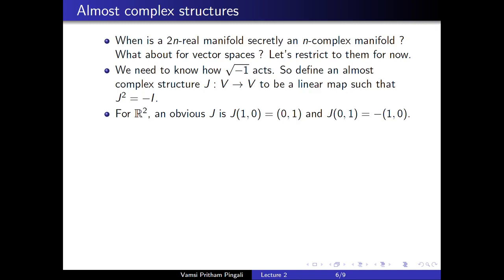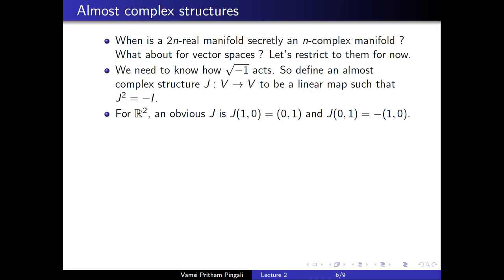It also suggests the following: if you take any surface, any real two-dimensional manifold, and let's say it's orientable, then if there's a way to make sense of this, and there is, please think about how, rotate every tangent space, quote-unquote, anti-clockwise by 90 degrees.